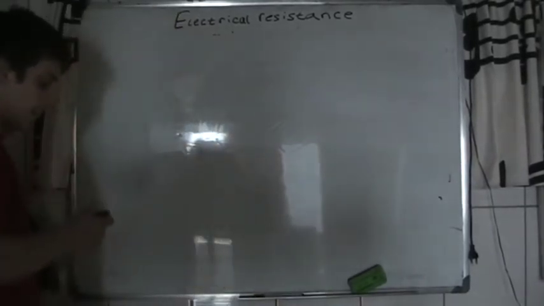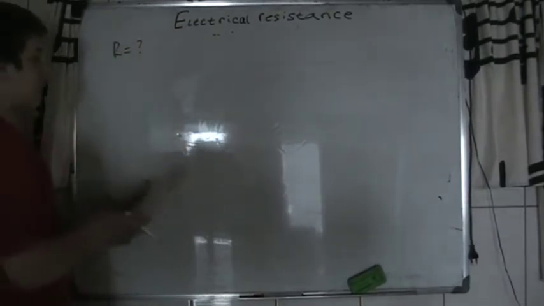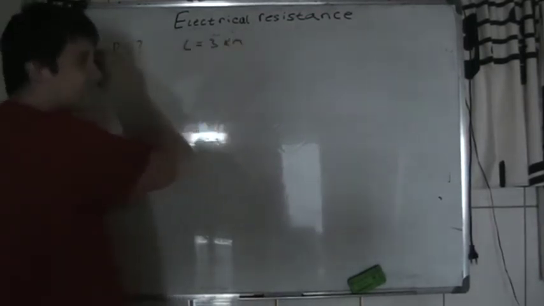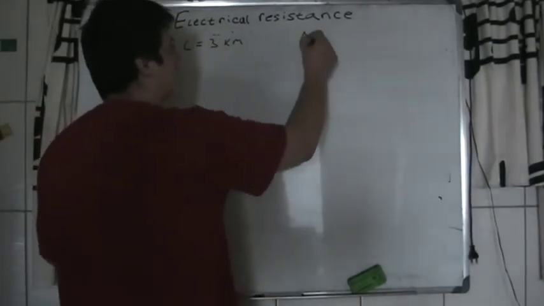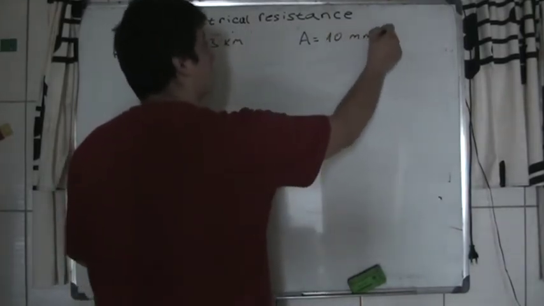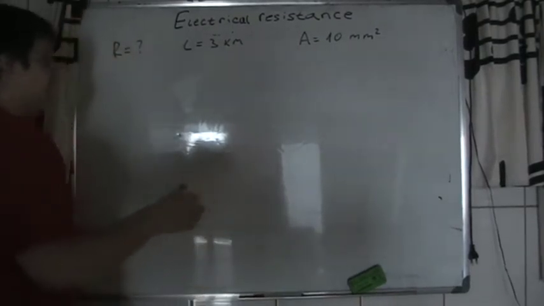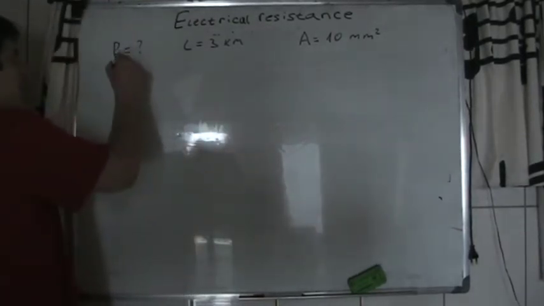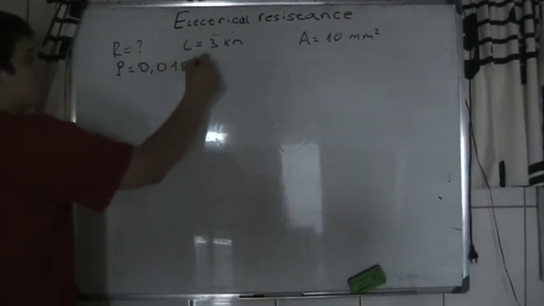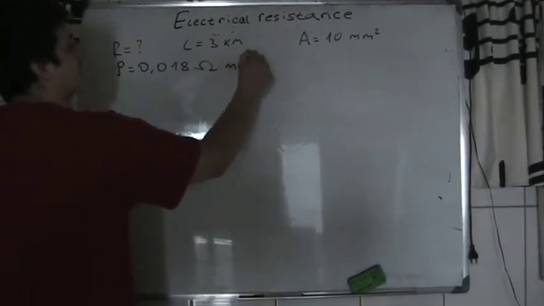So we have to find the electric resistance of a wire with a length of 3 kilometers and a cross-sectional area of 10 millimeters squared, and the specific electrical resistance of a copper wire is 0.018 ohms millimeters squared per meter.